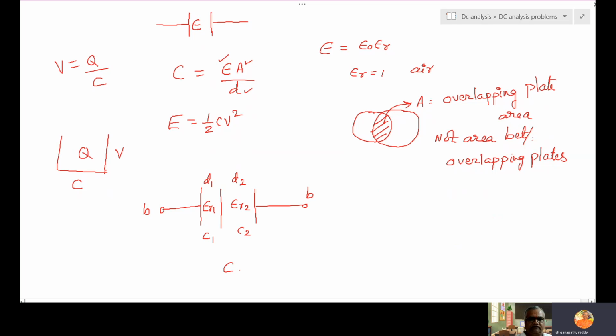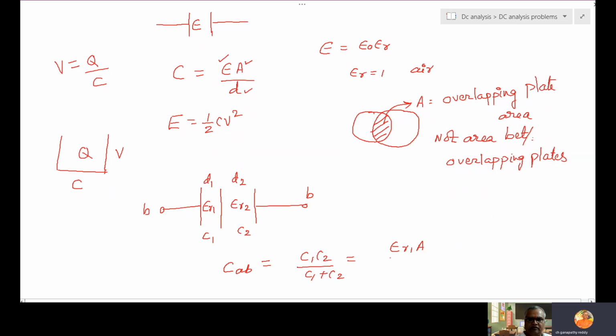So if they are in series, what is the CAB value? It is C1 C2 by C1 plus C2. What is C1? Epsilon R1 A by D1, A is anyway constant.